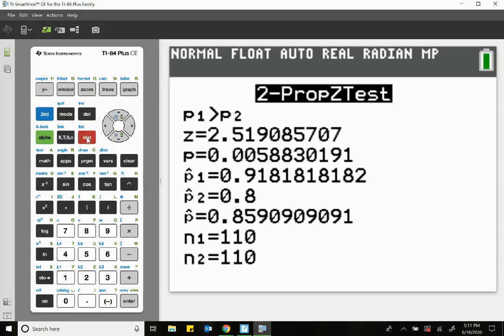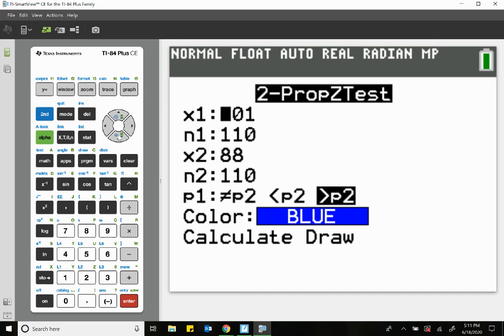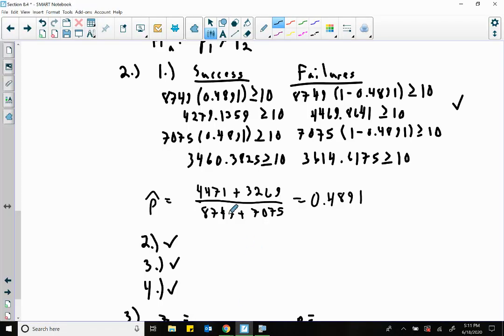So let's go in here. Let's run this one, and let's see if it actually kicks out the real p-value for it. Our population for women was 4,479, or is it? No, I think it was 749. Let's double check that. 4,471.